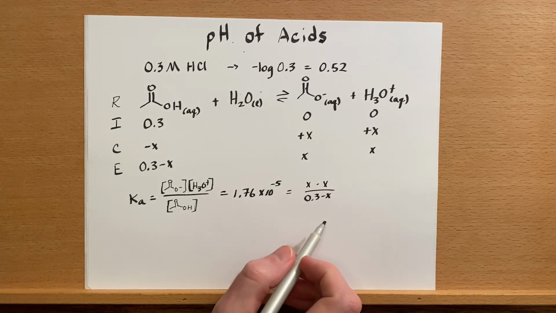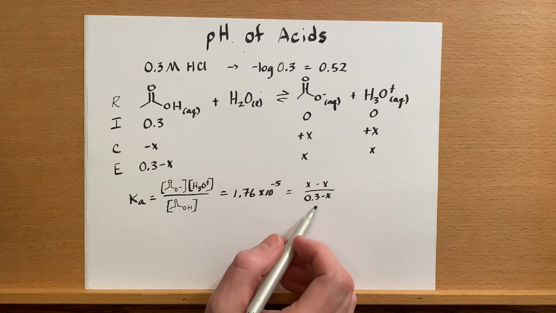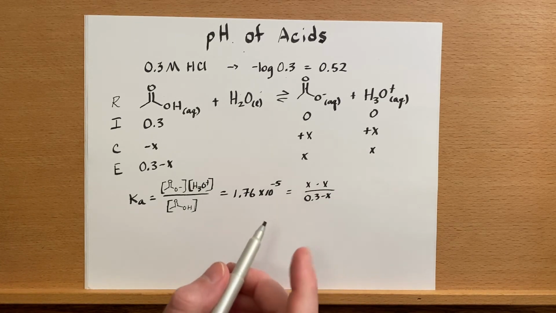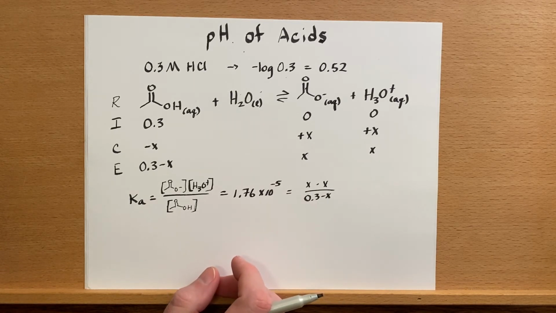Now, you'll notice that this is a quadratic equation, and we would need to use the quadratic formula to solve this. But there's a little trick that we can do in some cases, and this is one of those cases where it's probably okay.